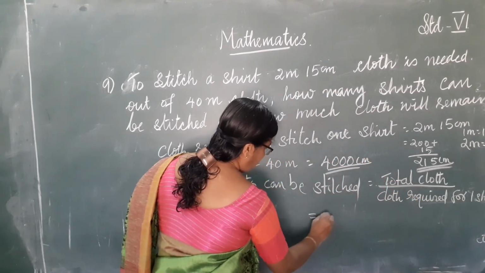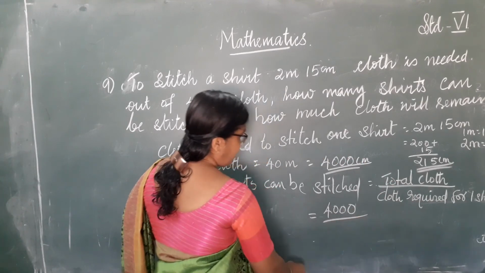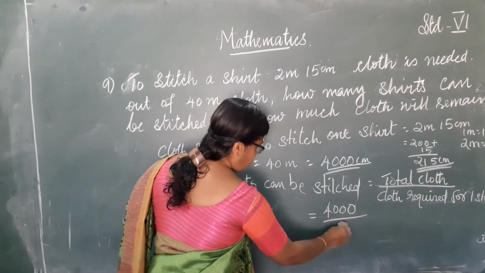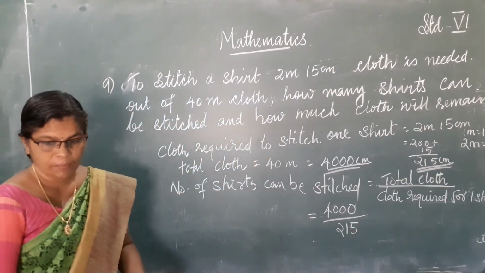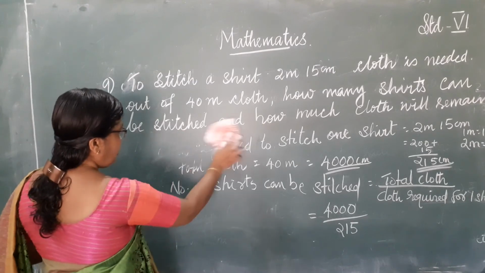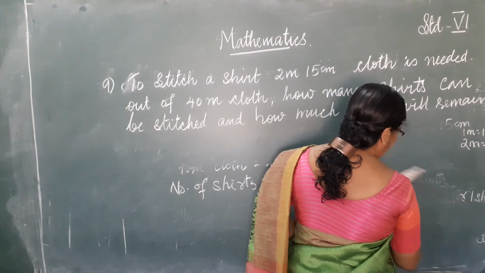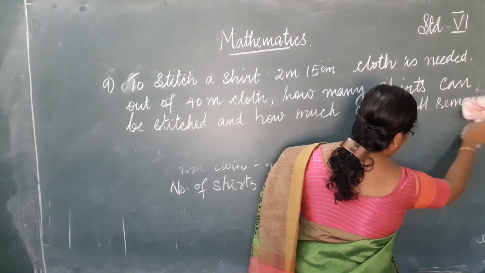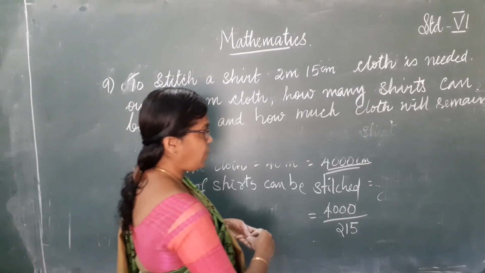That is equal to total cloth is 4,000 centimeter divided by, for one shirt how much? 215. 4,000 divided by 215. Now see, let's divide this. Let's divide 4,000.